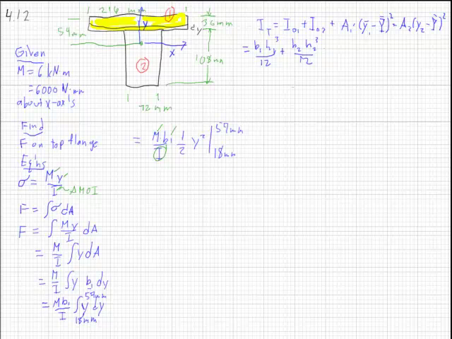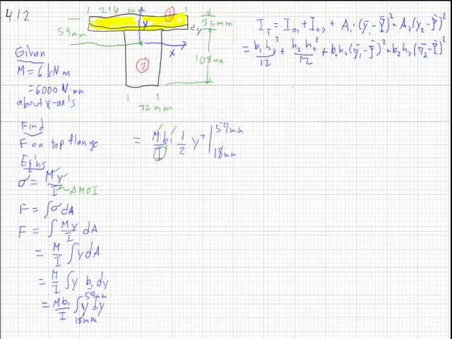Then we have to consider the parallel axis theorem, plus area of 1 is b1 h1 times y1 bar minus big Y bar quantity squared plus b2 h2 times y2 bar minus big Y bar squared.